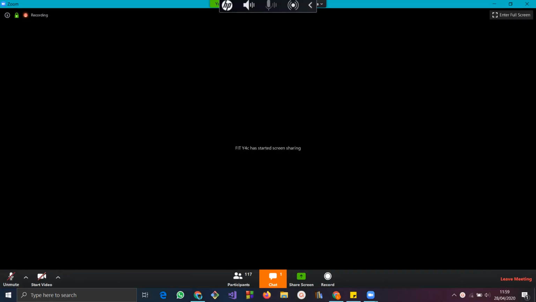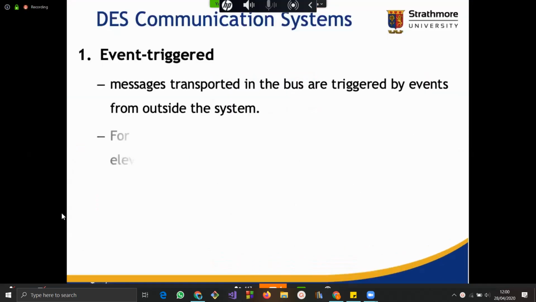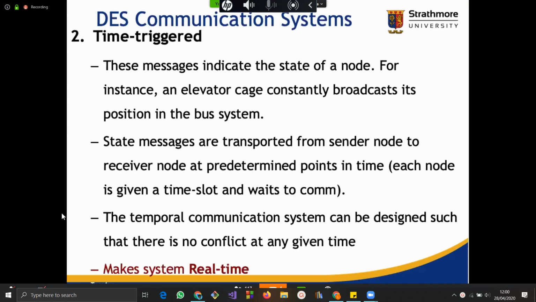So that is event triggered. Time triggered basically means each node has a slot to communicate.